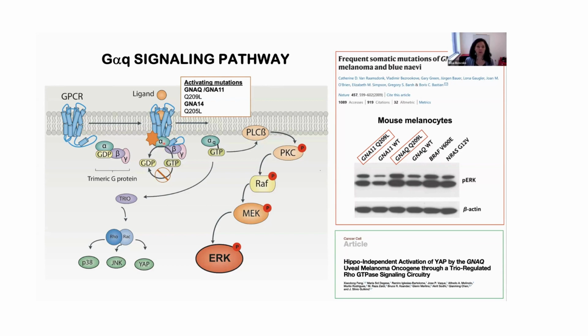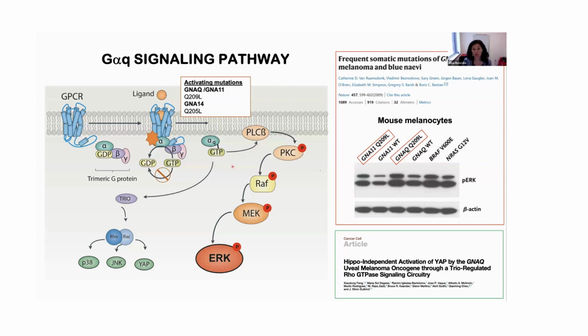This means that basically the G alpha Q subunit has difficulties going back to the resting state to bind to the beta and gamma. And also with this, there is impaired hydrolysis of GTP to GDP, resulting in a constitutive binding to GTP that allows for signaling for downstream pathways.